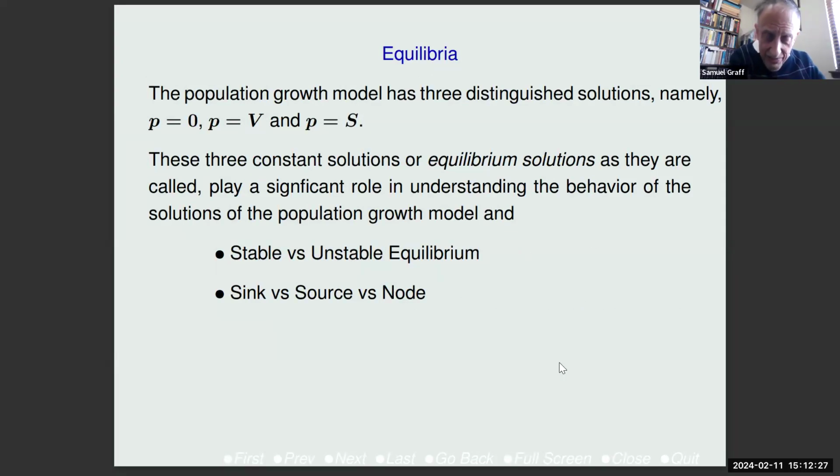I now introduce the notion of equilibria being stable or unstable by looking at this problem in detail.